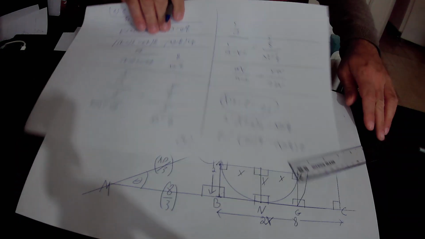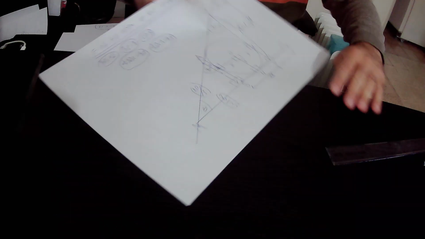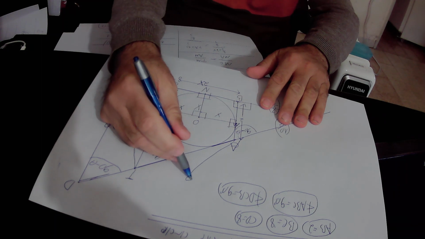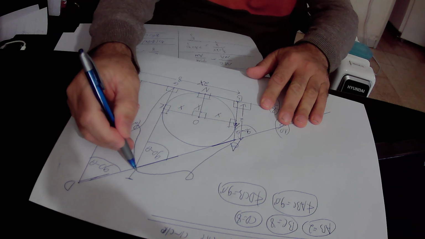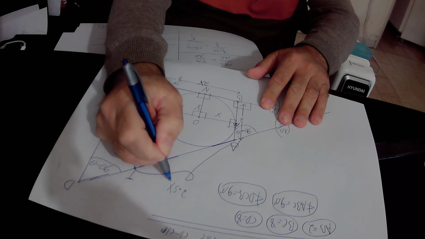Here you can write down that the length of this side, line segment AT, is equal to 2.5x. Okay.